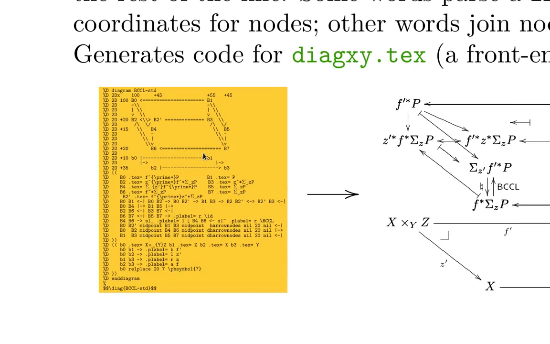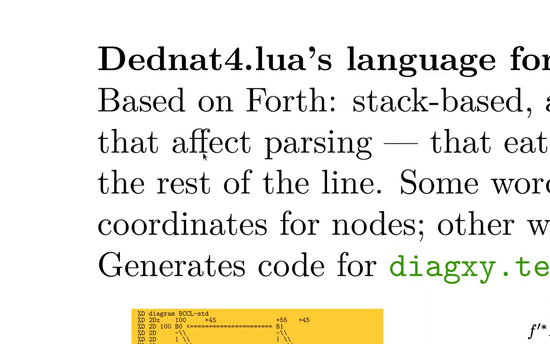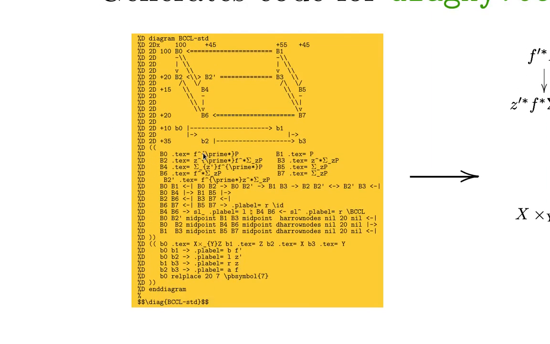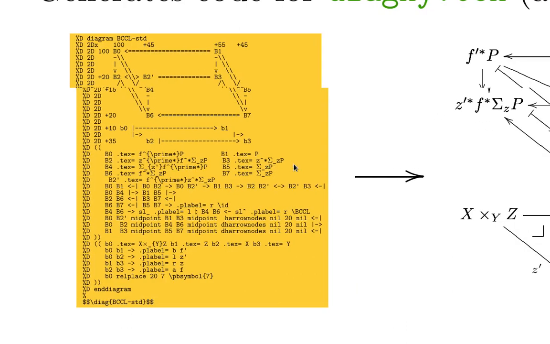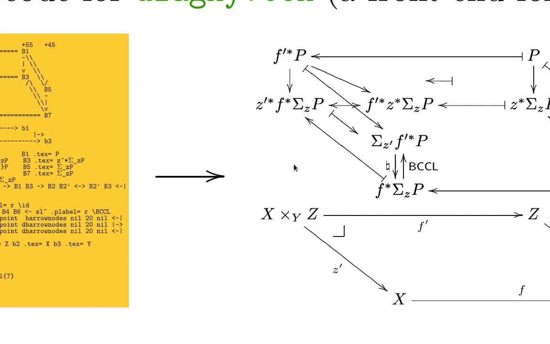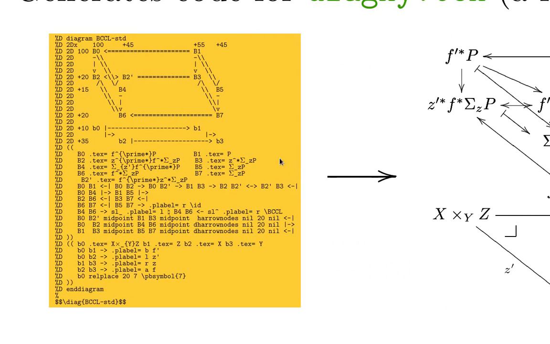This is a huge diagram. Sorry, one second. So the source code that generates this diagram here is just this thing at the left. So it's very visual. We can typeset the diagram in ASCII art here, and then in this part here we tell how the nodes are to be joined, which arrows have to have annotations, and so on.